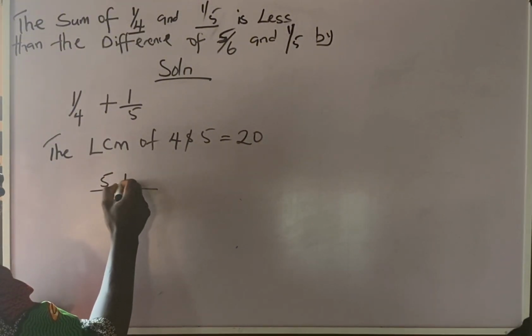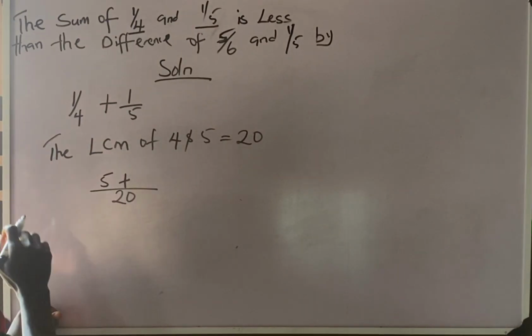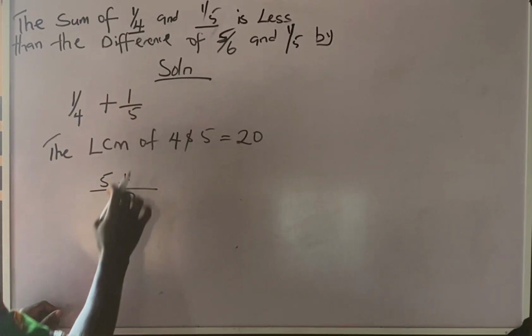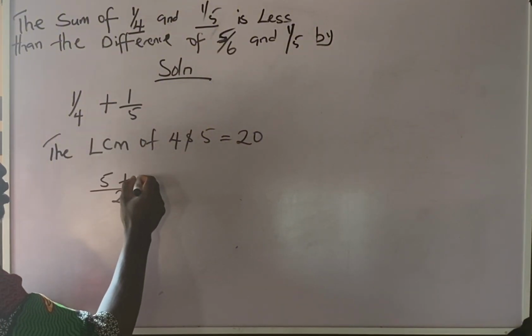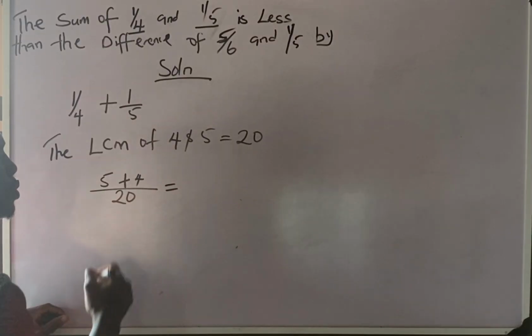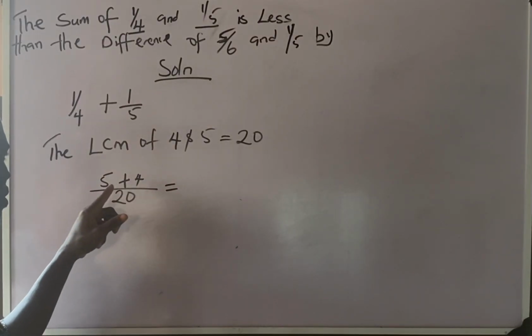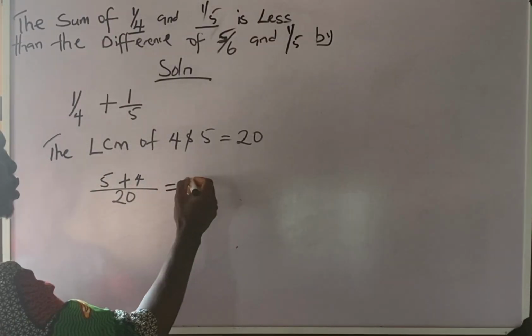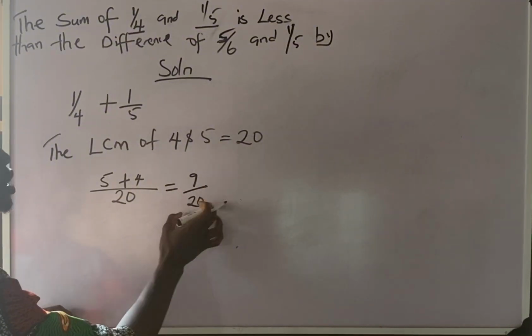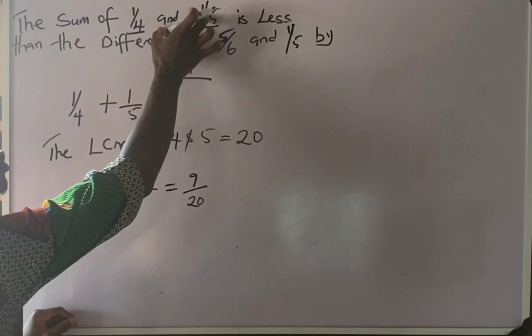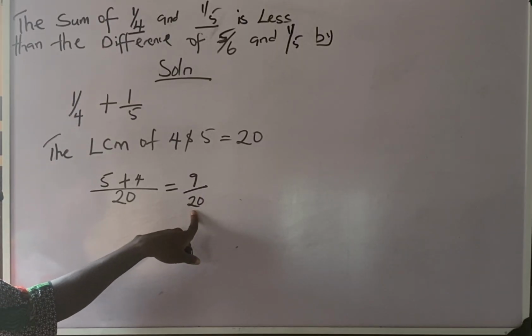Then we bring down our sign. 20 divided by 5 is 4, and 4 times 1 gives us 4. So 5 plus 4 gives us 9 all over 20. This is the sum of the two fractions.